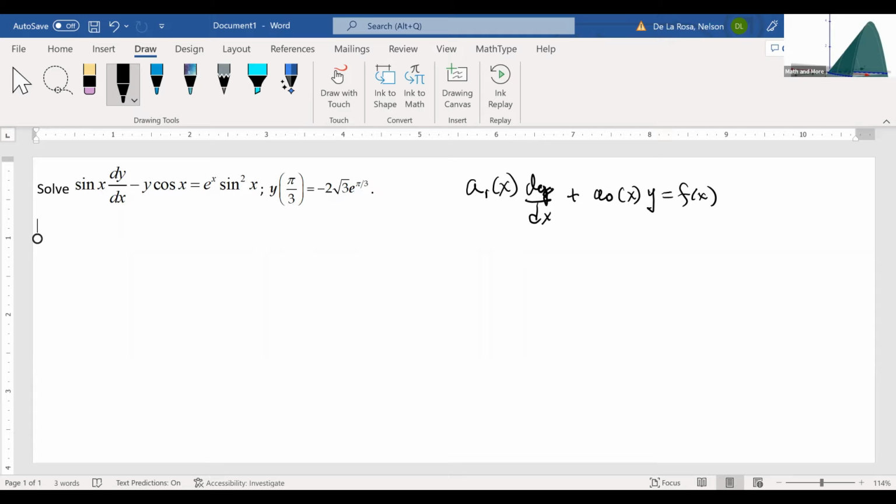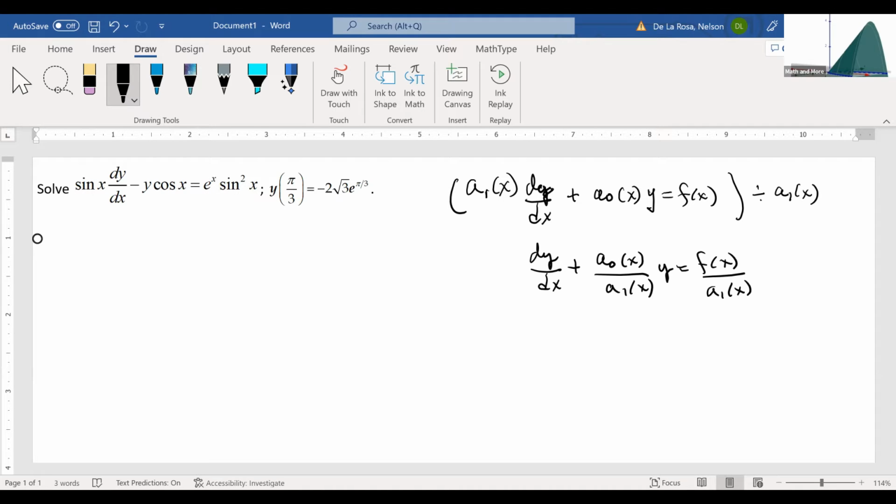So if we divide everything by a sub 1 of x, then our equation will be dy dx plus a sub 0 of x divided by a sub 1 of x times y equals f of x over a sub 1 of x.